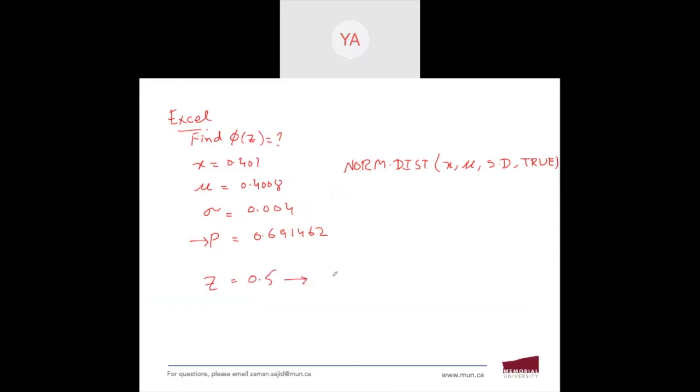For the z-score, we use NORM.S.DIST. That's the command that we use. And then you provide your z-score and you choose true. Now we will do it in Excel.